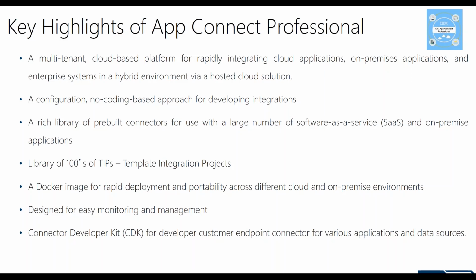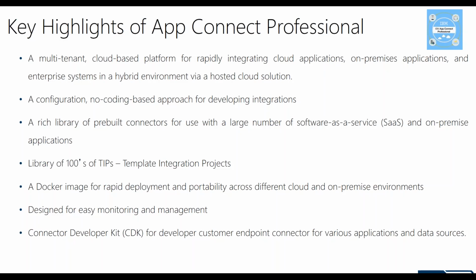And, not very recently, maybe over a year ago, the Docker image was added for rapid deployment and portability across different cloud and on-premise environments. So that feature was enabled, and you can have the Docker deployment feature as well. And it's designed for easy monitoring and management. So this is the runtime.